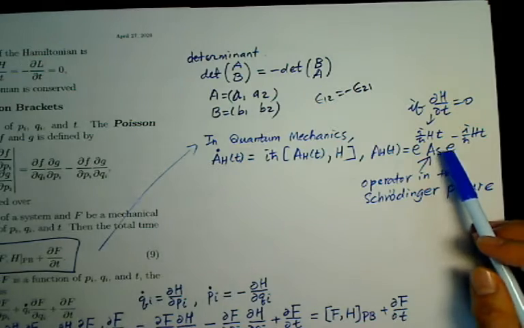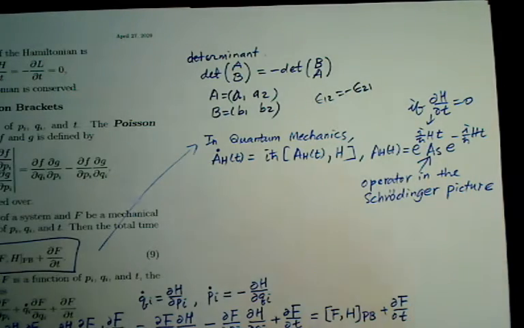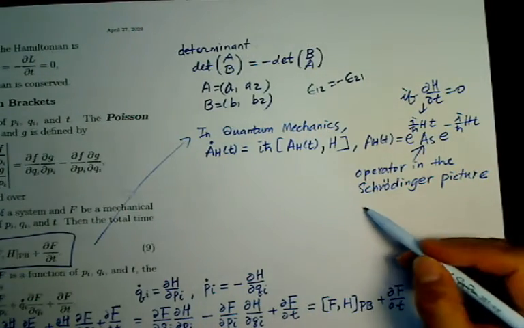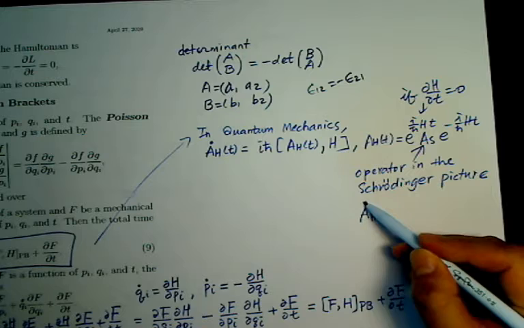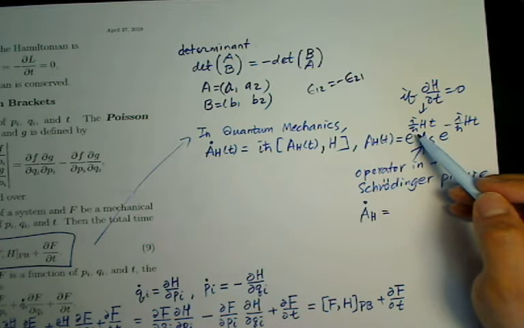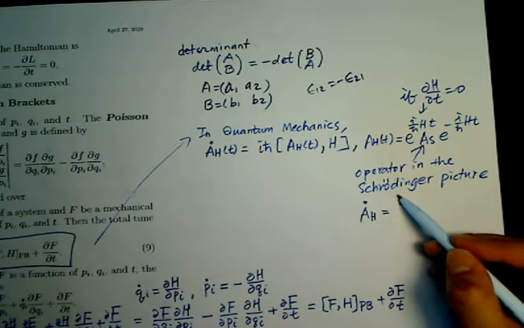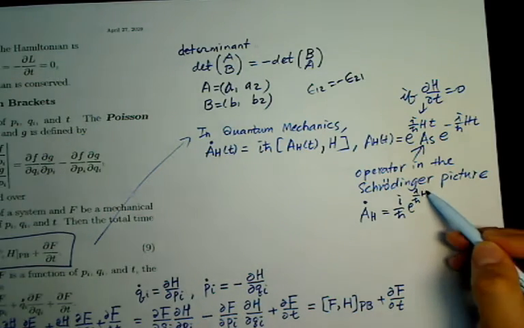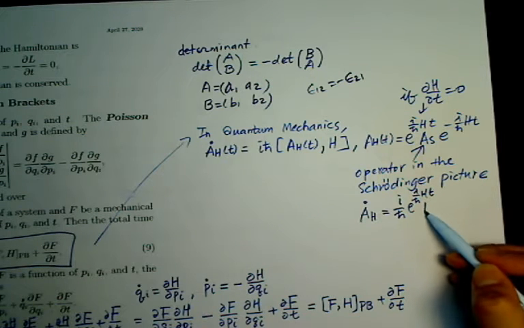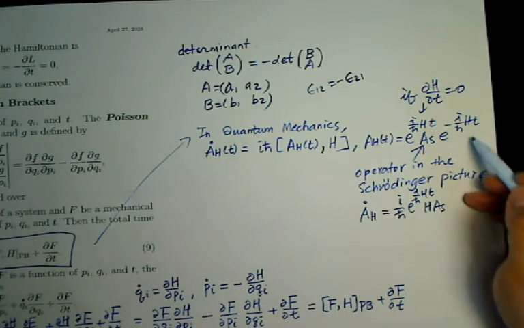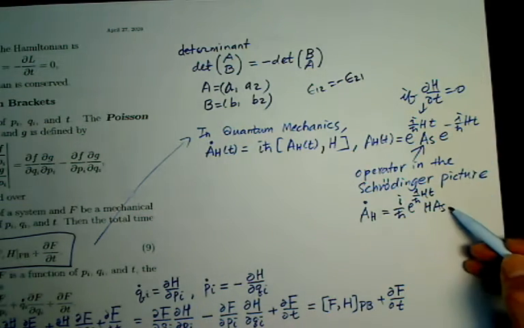And if I take the total time derivative of this operator, we find that the exponential gives i over h bar here. And if I take the time derivative of the right side, we have a negative sign.